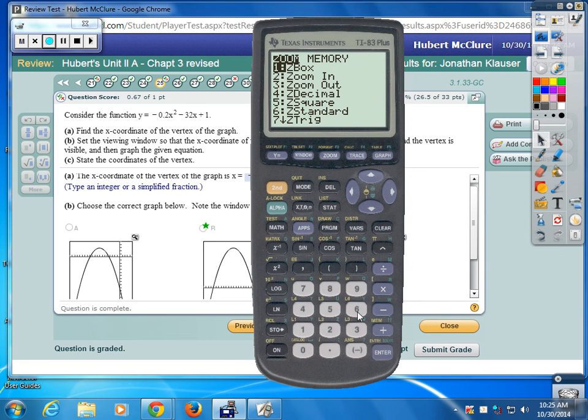Zoom 6. Okay, that tells us absolutely nothing. So zoom out. Just zoom out till you get to where you can at least get a little bit of grasp where it is.